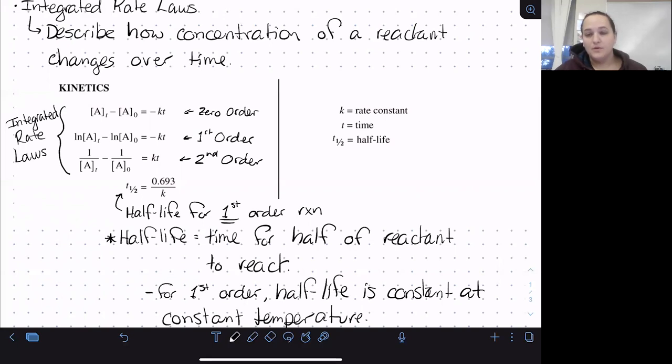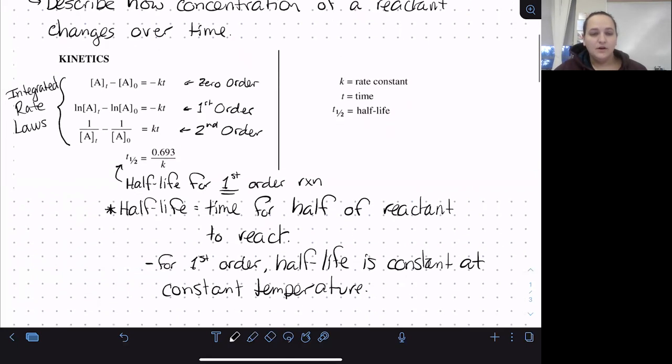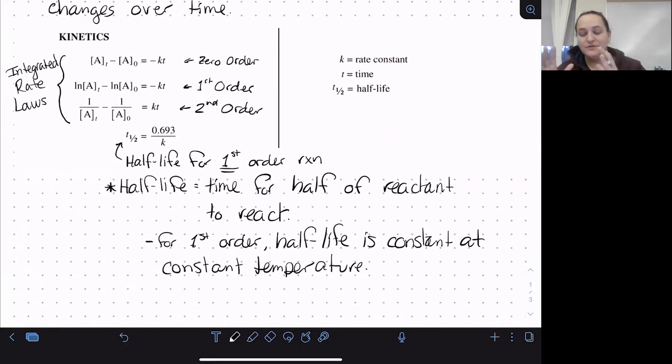So for zero or second order, for instance, the first half-life getting from 100% to 50% is not going to be the same amount of time as from 50% to 25%. So those ones don't have as straightforward of an equation. You can calculate them, but the AP exam does not ask you to.